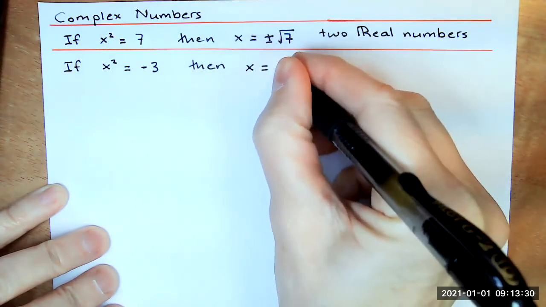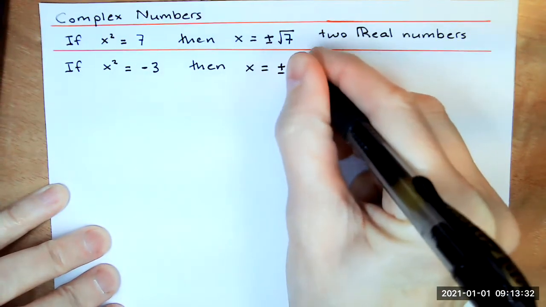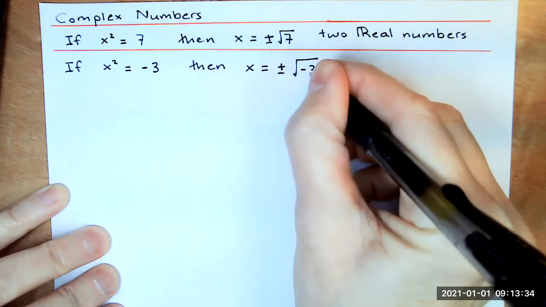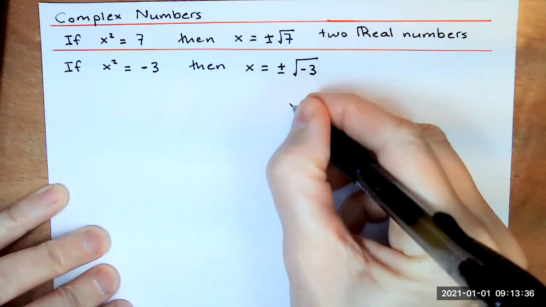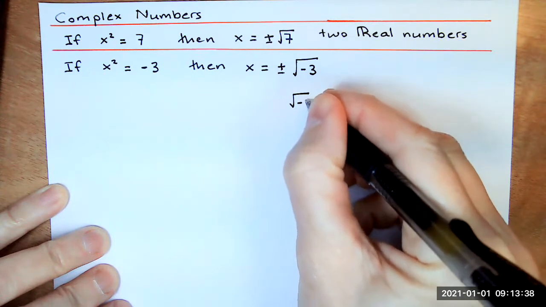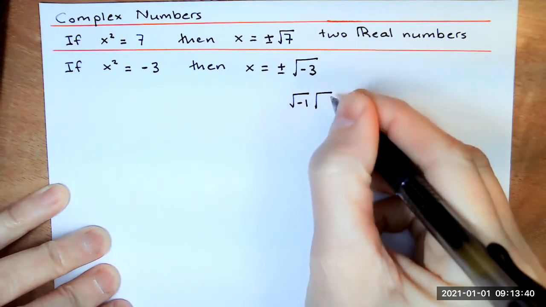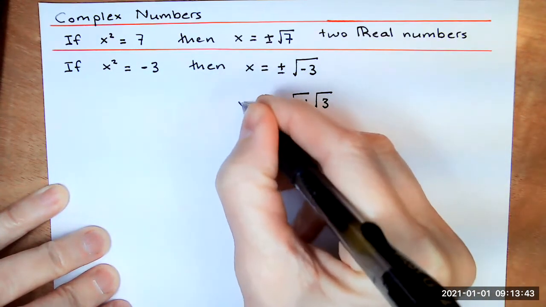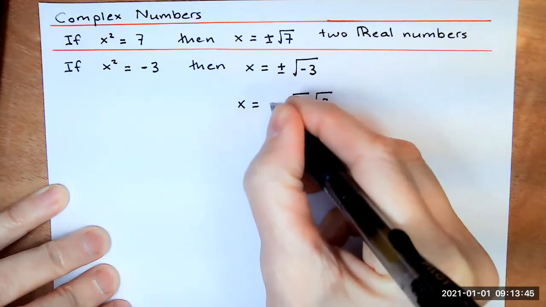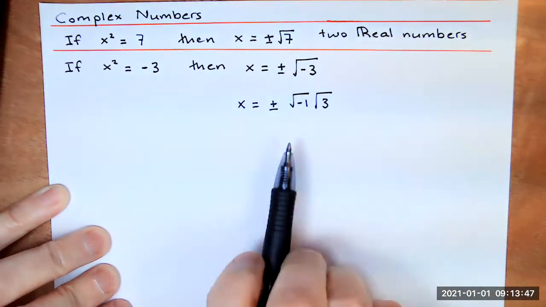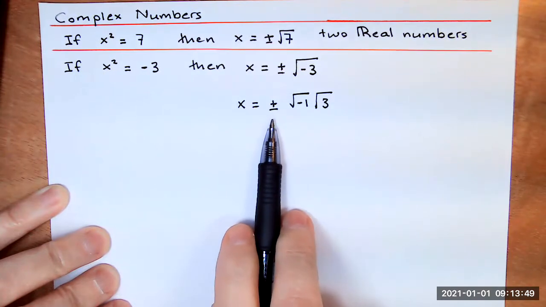So x would be plus or minus the square root of negative 3, which is the square root of negative 1 times the square root of 3. And always remember you get two answers.